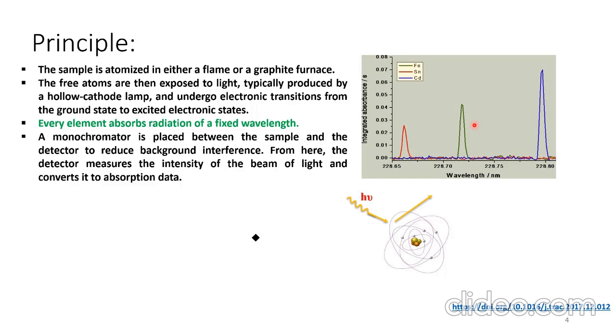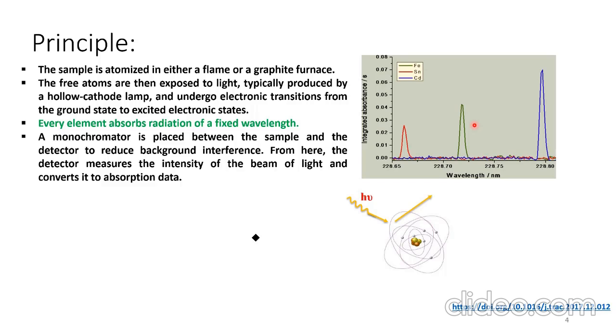So we can correlate the intensity of absorbance and the concentration of the material. Here a monochromator is placed between the sample and the detector to reduce the background interference, and the detector measures the intensity of the beam of light and converts it to absorption data.